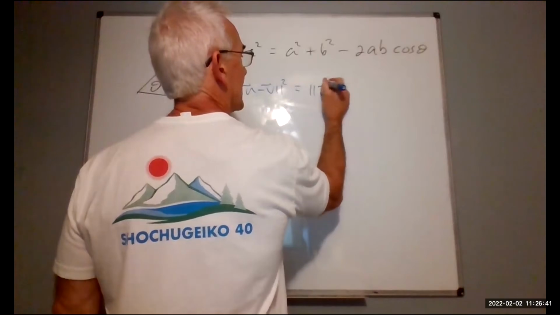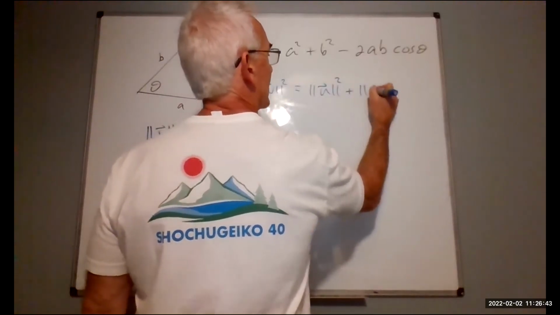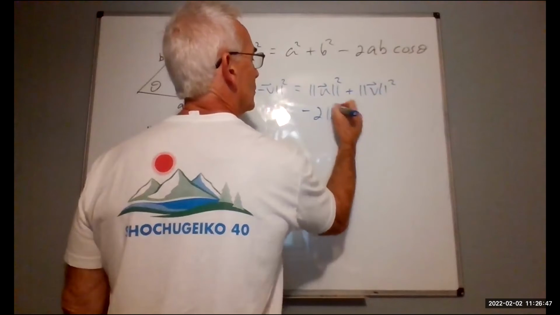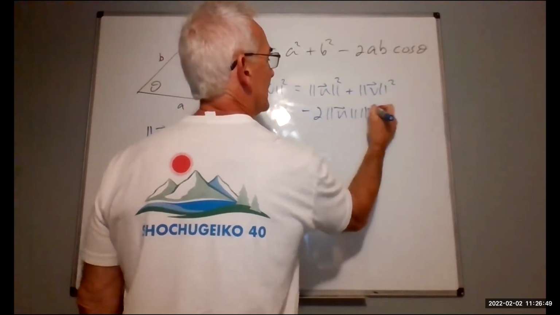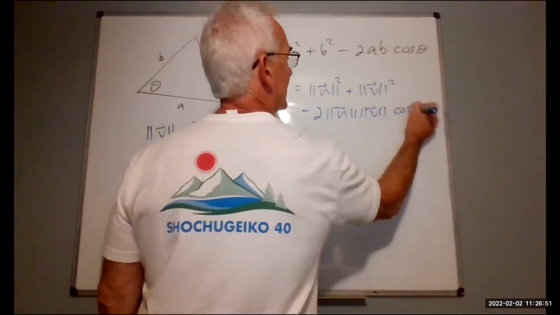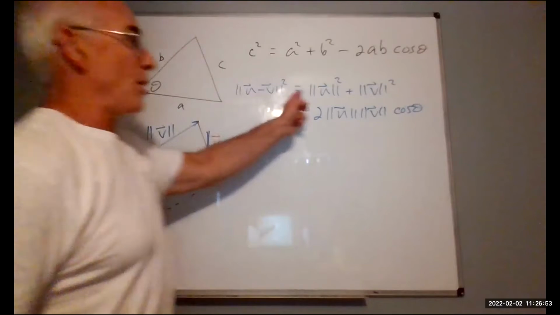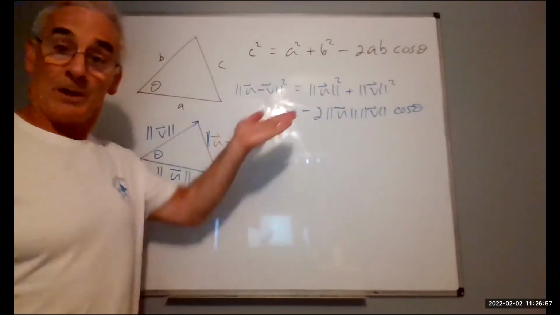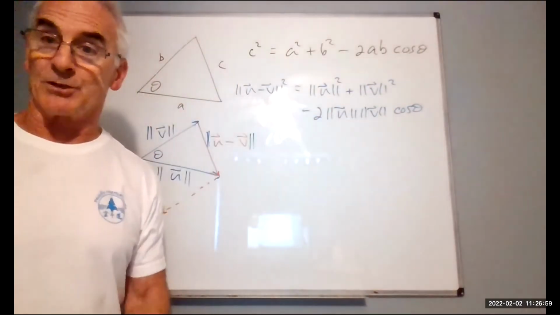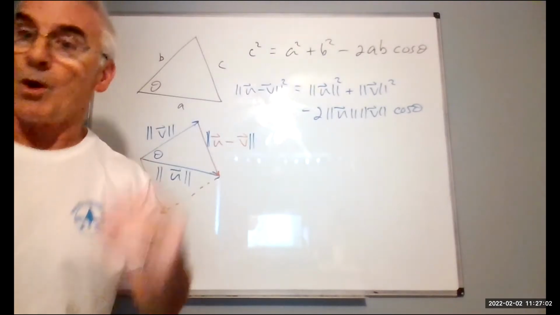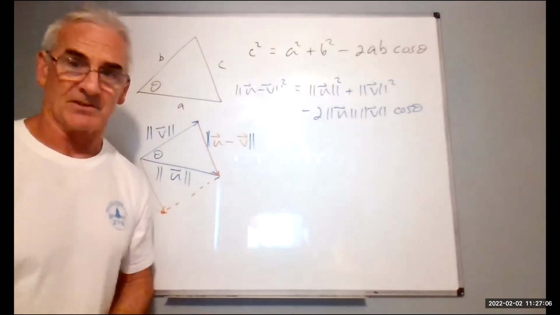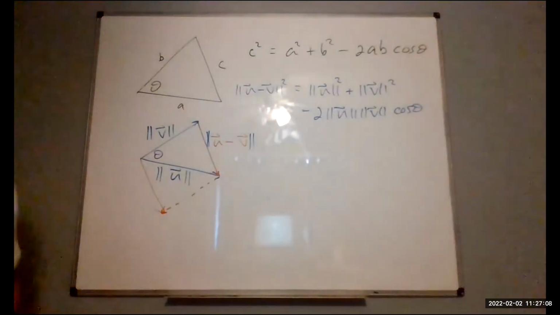So I'll write it as length u squared plus length v squared minus 2 length u, length v, cosine theta. Remember, these are all scalars. This statement here is absolutely true. It is true actually in every dimension, whether both of my vectors are in 2 or 3 or 10. We're going to limit it to 2 and 3 in this class, but that is always a true statement.